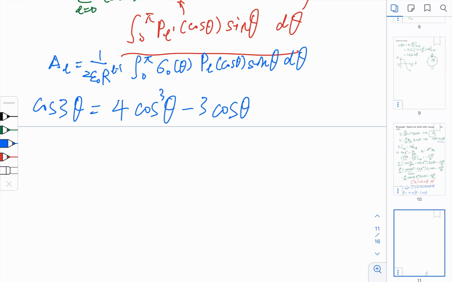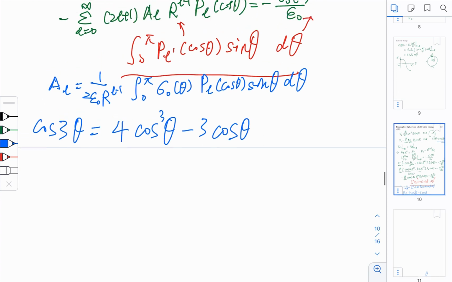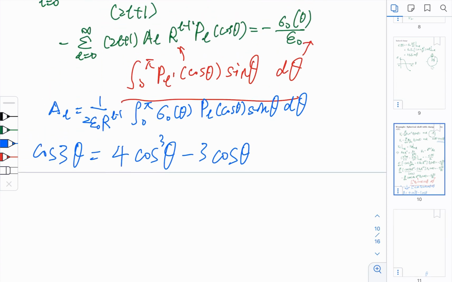And now if you plug this in, you can also try to eyeball your solution by simply comparing this cosine theta to the expression for the Legendre polynomial, because here P1 cosine theta equals cosine theta, and P3 cosine theta equals 1/2 times 5 cosine theta cubed minus 3 cosine theta.